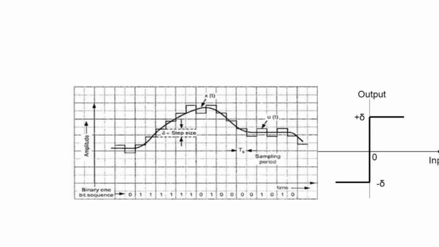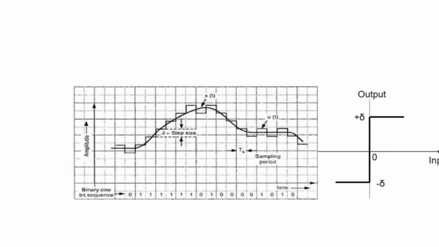That is the simple logic. For this entire signal, under that graph, a binary one-bit sequence is there. The first step is going down, so it's represented by 0, the second one is going up, 1, then the third, fourth, fifth, sixth, and seventh are 1, and the eighth is getting down, so it's 0. Likewise this sequence will be there.